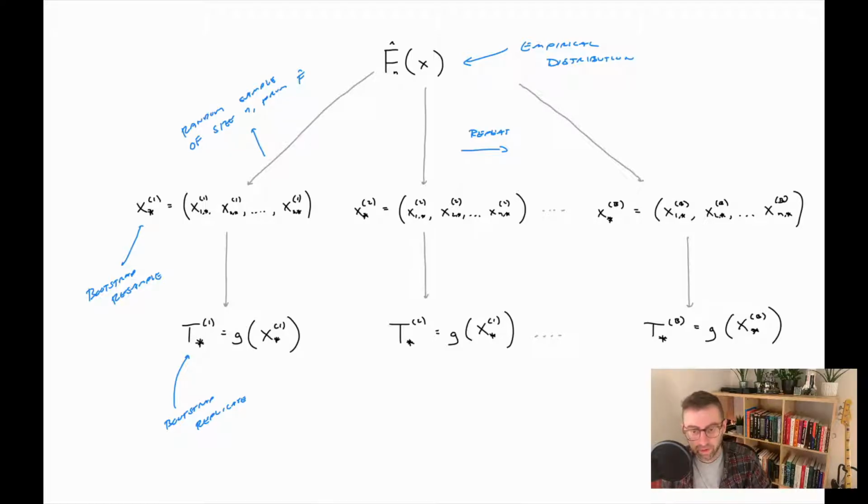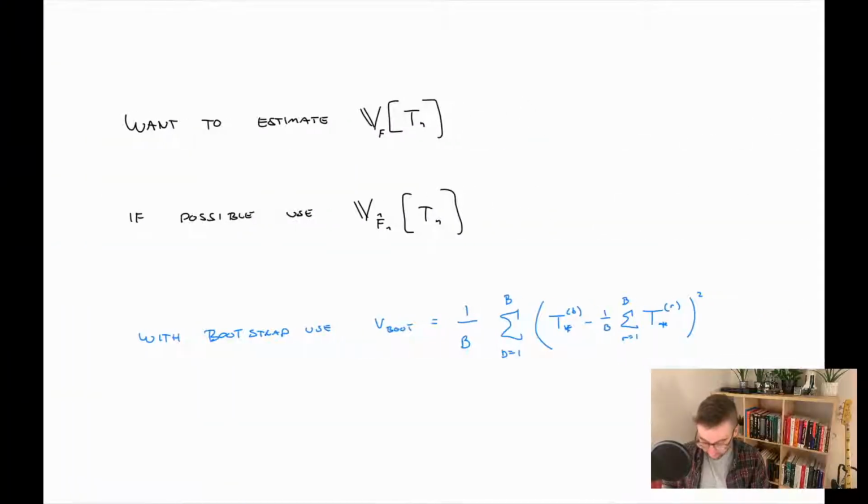Okay. So I want to focus now on one particular property of the sampling distribution that we might be interested in, which is the variance, which I mentioned earlier could potentially lead to development of a confidence interval. So I have some statistic that I care about, T of n, and I want to know the variance of that statistic.